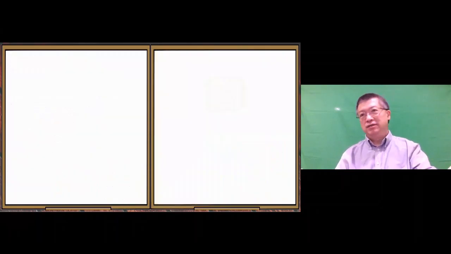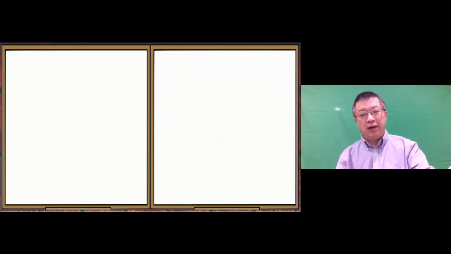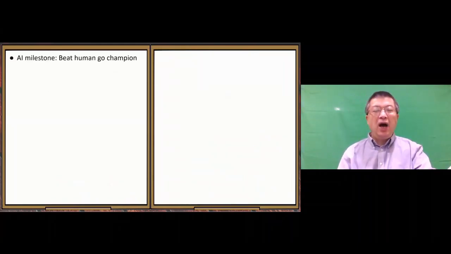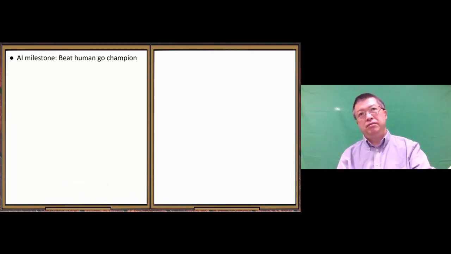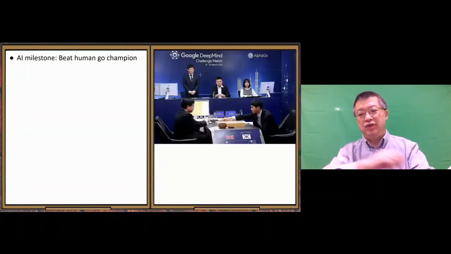The result, exciting. That story is so exciting. Let me talk about it a little bit. An AI milestone. An AI program beat the human champion 4 years ago. Let me show this picture. 4 years ago.